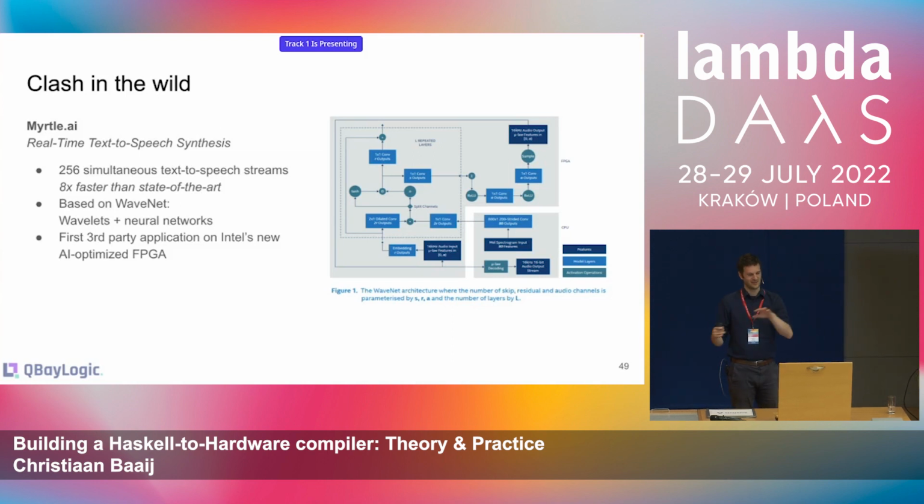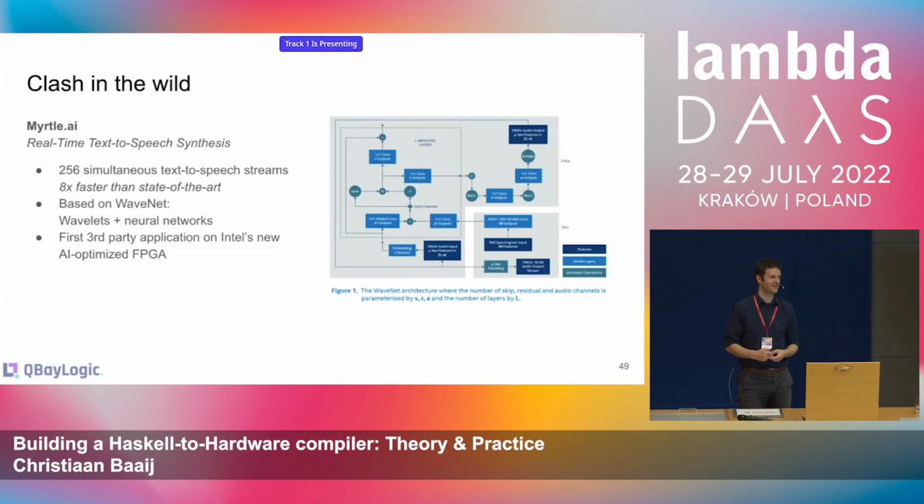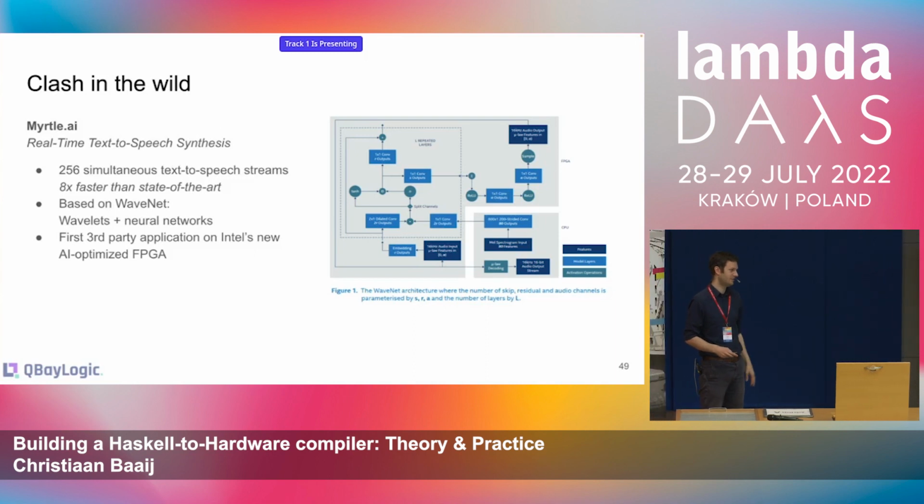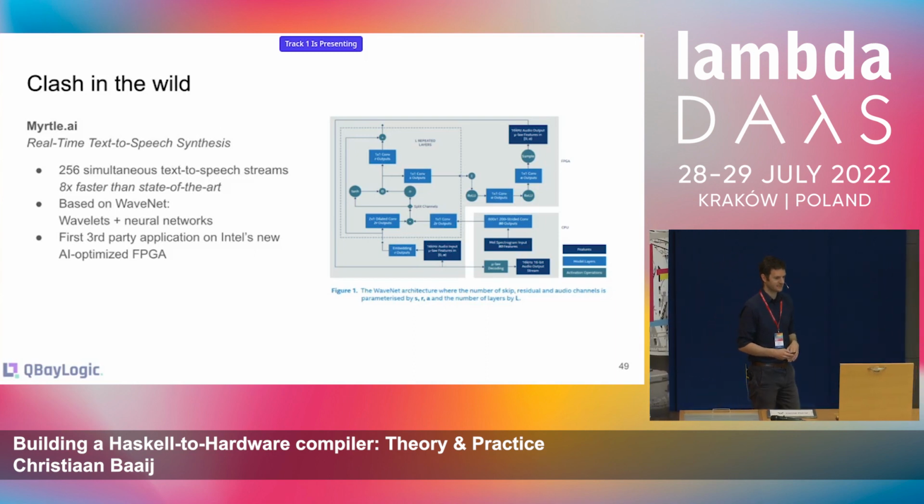So they started focusing on other kinds of neural nets. They looked at LSTMs and other kinds of neural networks. And then they built a real-time text-to-speech synthesis engine with human-level quality audio.